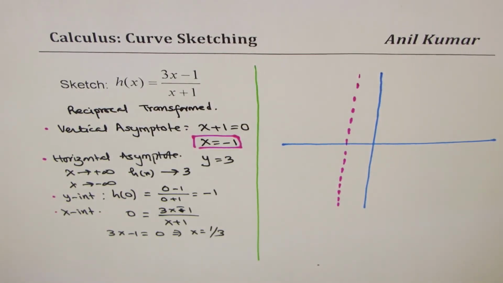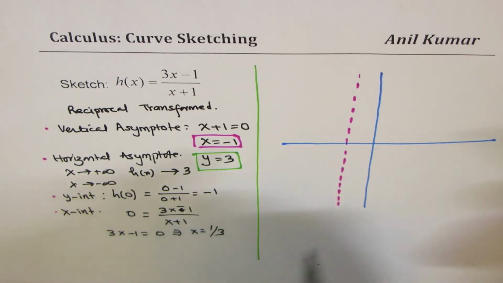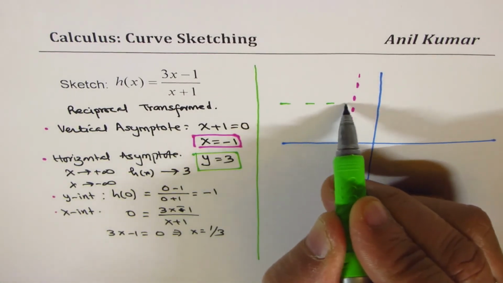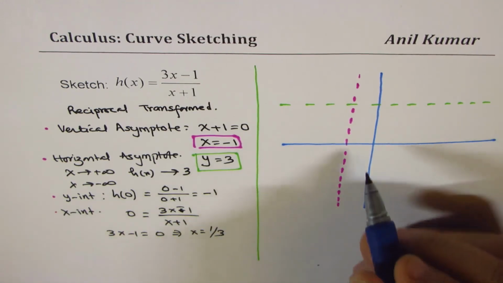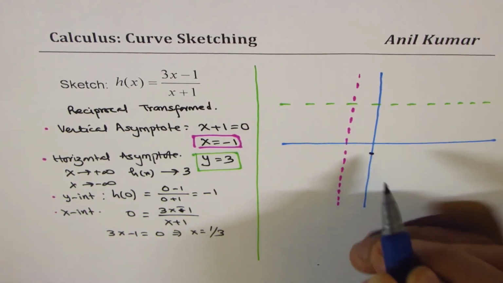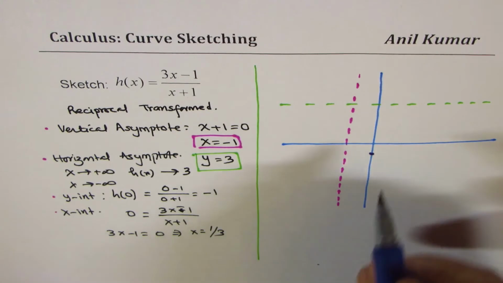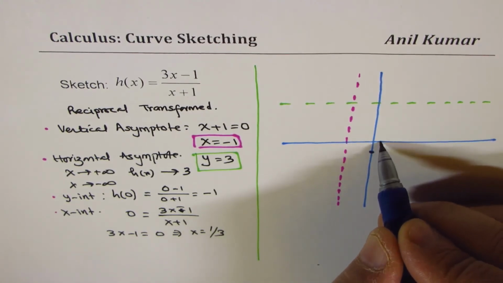Now, let us sketch the horizontal asymptote y equals 3. So let us say this is y equals 3, the horizontal asymptote. Perfect. Now, let's find out where the x and y intercepts are. So the y-intercept is at minus 1 and the x-intercept is at 1 over 3, somewhere very close here.